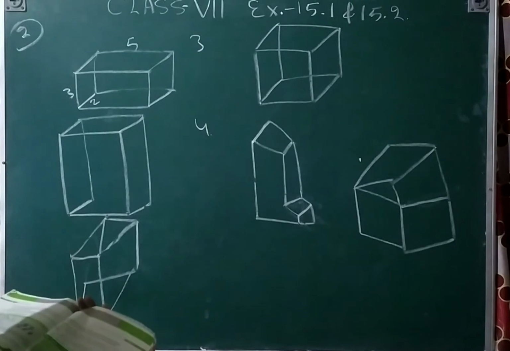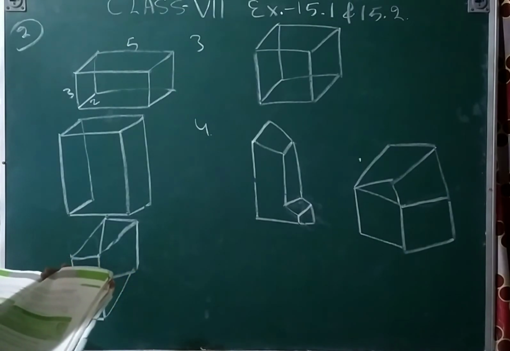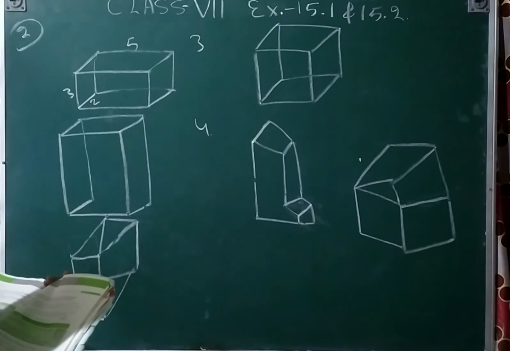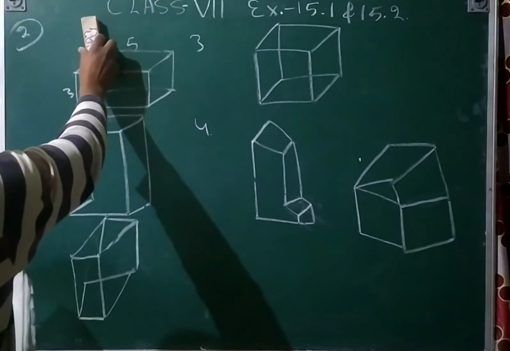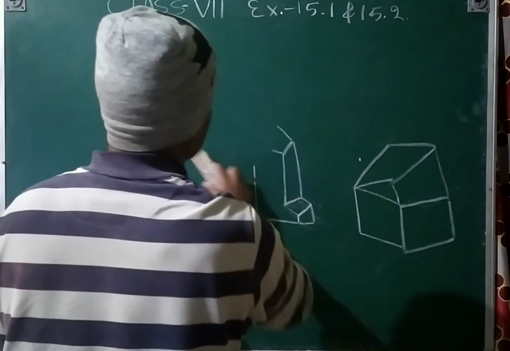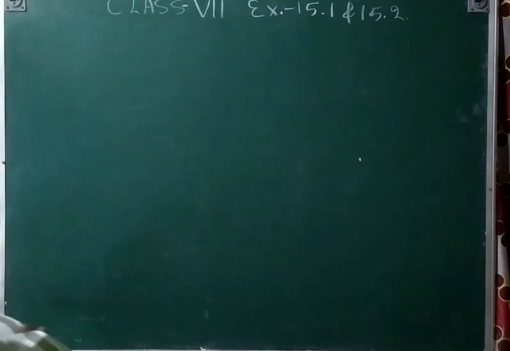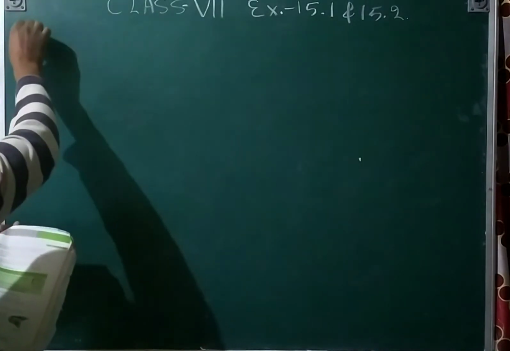Next question. Give first an oblique sketch, second an isometric sketch of each of the following. A cuboid of 5 cm, 3 cm and 4 cm. So the same type of diagram, like this we will draw here in the fifth question. Everywhere you can use the isometric paper, that will be better.